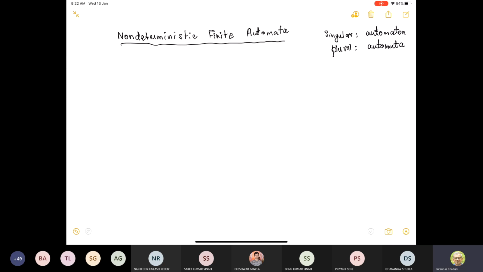Right. So what is non-determinism? It's an extremely important concept in automata theory, theory of computation, and theoretical computer science in general. There's no getting away from non-determinism.